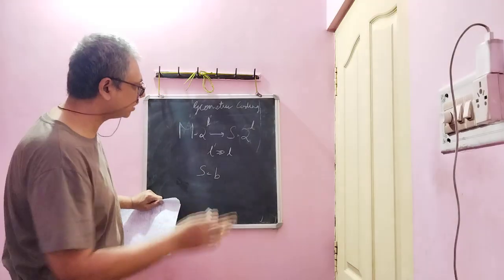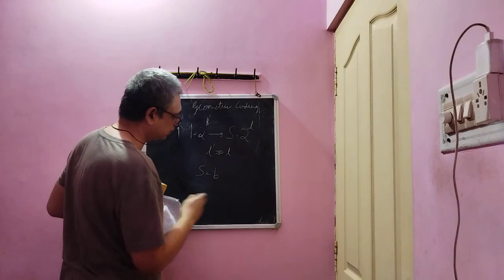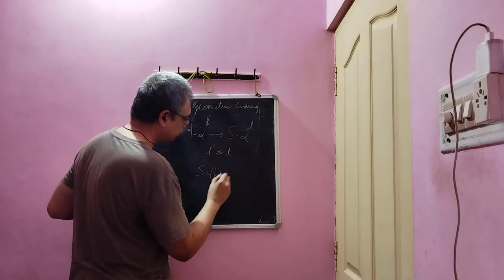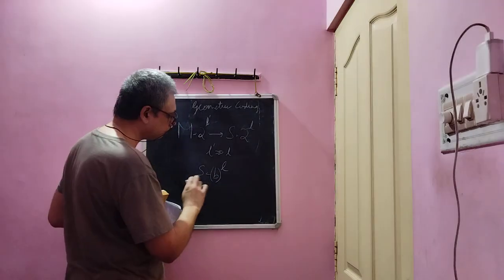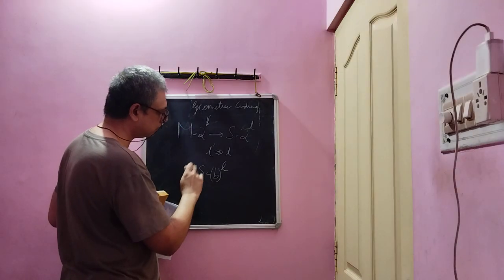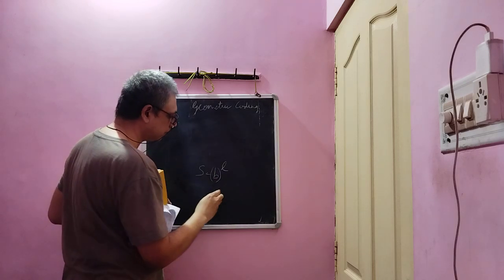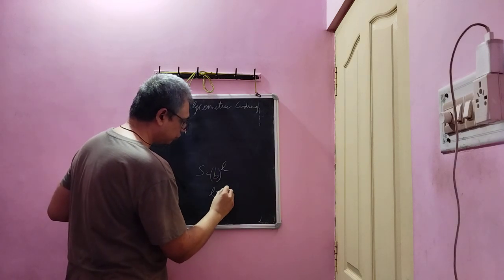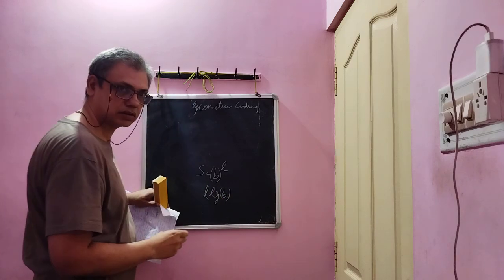Rather than 2, even though I have mentioned it as 2 here, I will assume that s is coded in a convenient base b, and code it as b power L. Okay, so the L digits of base b is the size of the code. So the length of the code will actually be log b to the base 2 times L. This will be the length of the code.